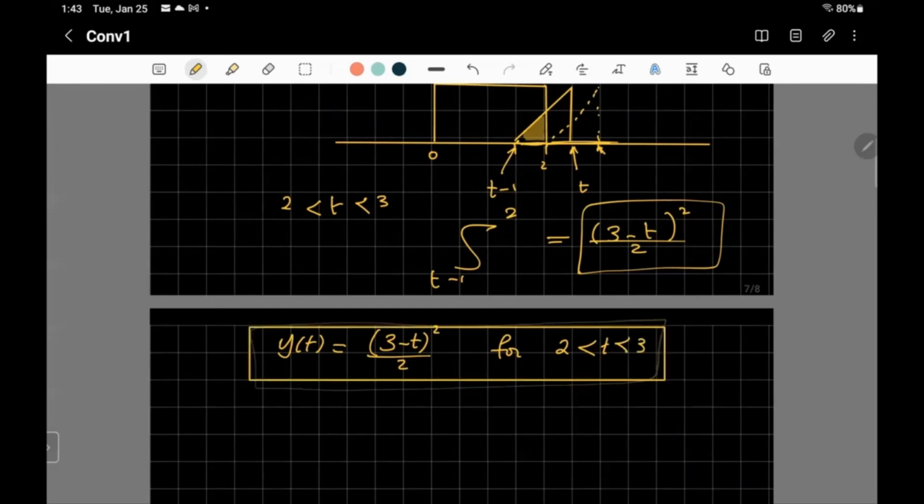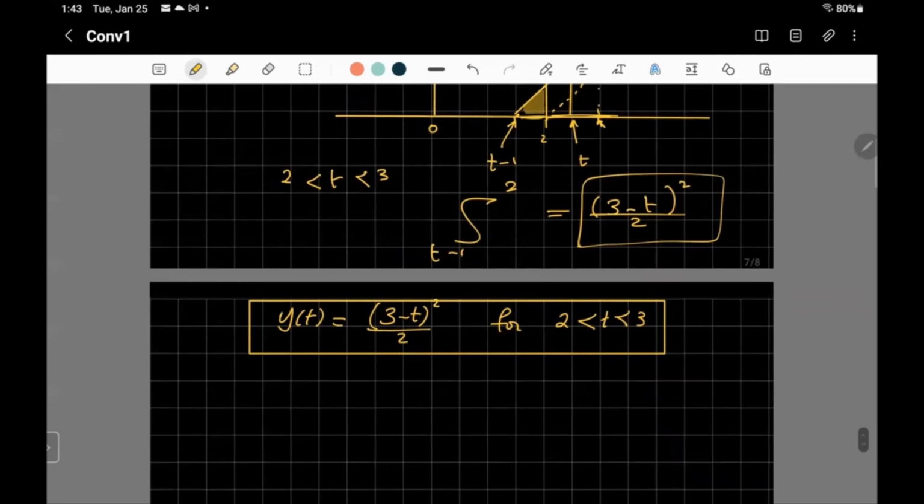And as we said before, there's a check at the endpoints 2 and 3, especially 2. y of 2 equals 3 minus 2 squared divided by 2. 3 minus 2 is 1, squared over 2 is 0.5. It was 0.5.